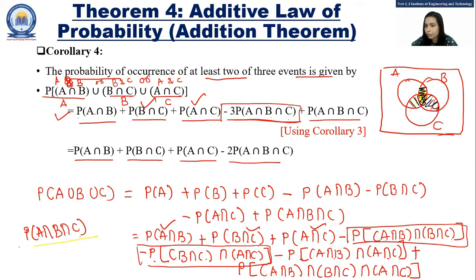So the intersection of these three is also A intersection B intersection C. So from that, plus P of A intersection B intersection C. And now we know how we can come to this equation. So that is about corollary 4.